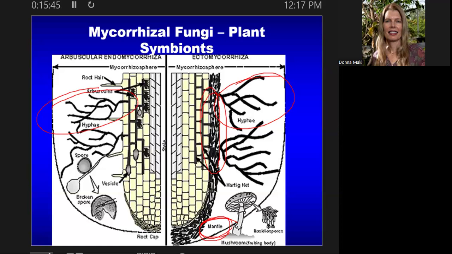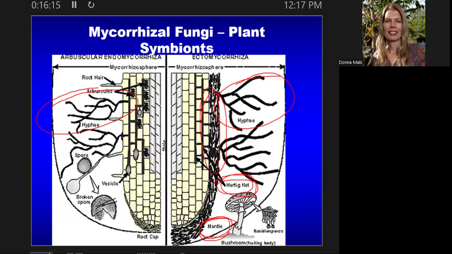Then there's a couple of differences when you look at what's going on in the root tissue. So here you're seeing a bunch of root cells, these mostly parenchyma cells, all next to each other. And then you can see here, there's this Hartig net. Okay, so the Hartig net is, when you look at ectomycorrhizal fungi, what they do is some of their hyphae penetrate into the root tissue and they live in between the cells.